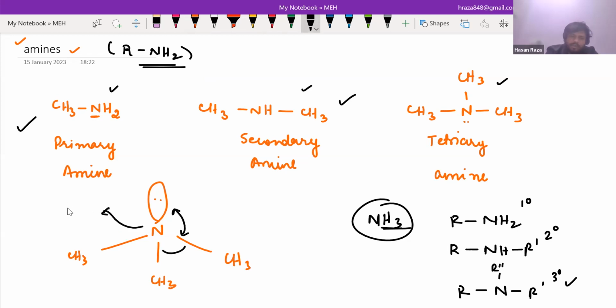Its hybridization is sp3, and it should have a tetrahedral shape, but due to the presence of the lone pair, there will be repulsion between the bond pair and the lone pair, so the shape will be pyramidal, and the angle will be 108 degrees. Please do write it.